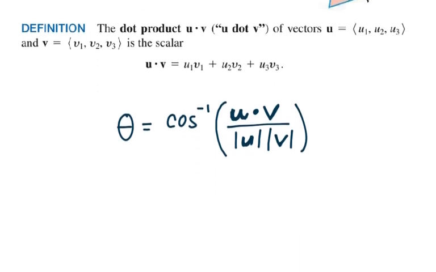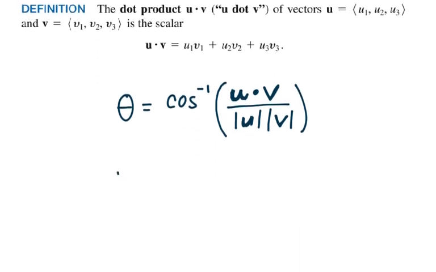And we can always rearrange equations. Sometimes you may see it written cosine theta equals u dot v over the magnitude of u times the magnitude of v. So again, when we write these vectors, when we're referring to them as a vector, they are in boldface.